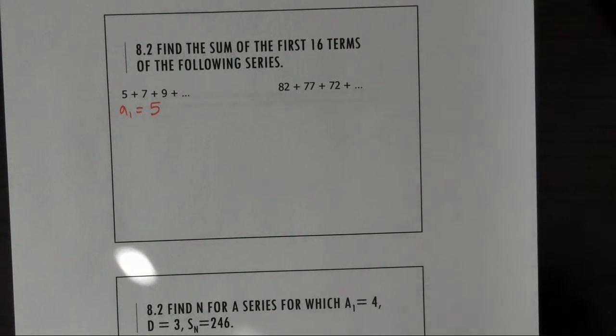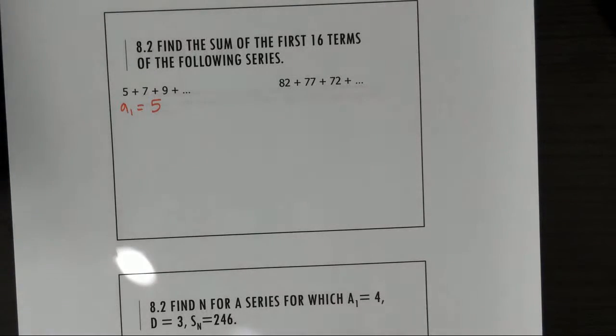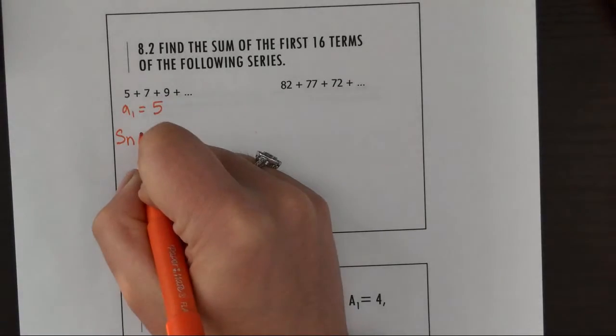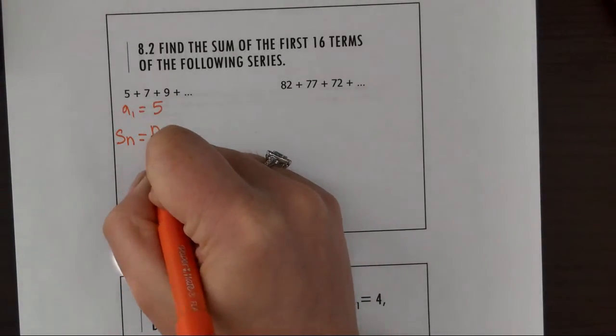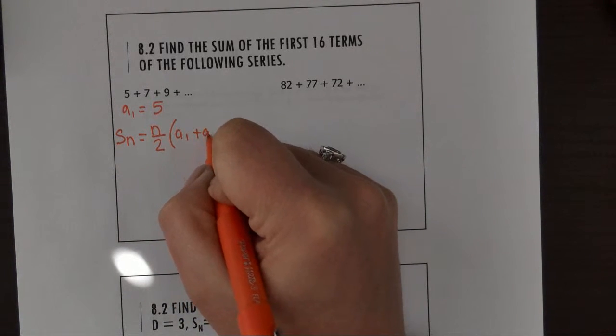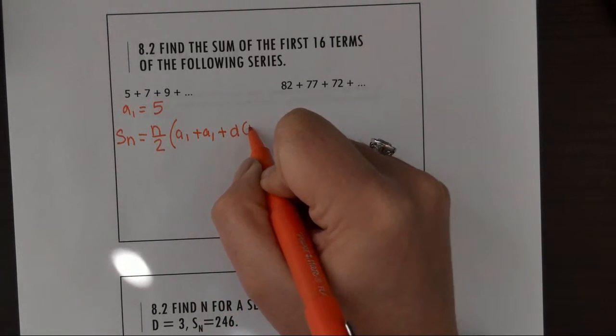So what we're going to do is use that second formula on the last slide, and I'm going to rewrite it like this using the second way. S sub n equals n over 2 times a sub 1 plus a sub 1 plus d times n minus 1.